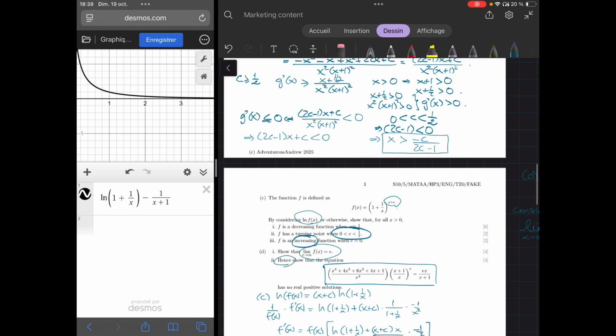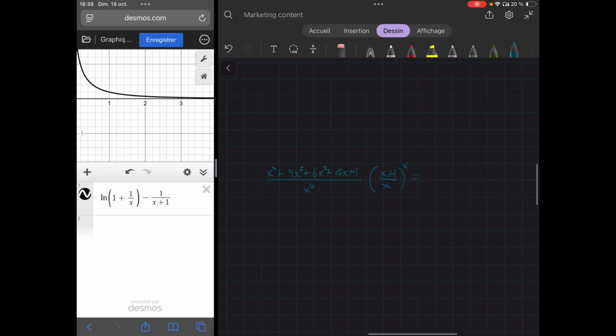Because of the word hence, you cannot just graph the function and say that, oh hey, they don't have real solutions. That's not going to work. So let's look at this equation. The numerator here is equal to x plus 1 to the 4. X plus 1 divided by x, that's actually 1 plus 1 over x.